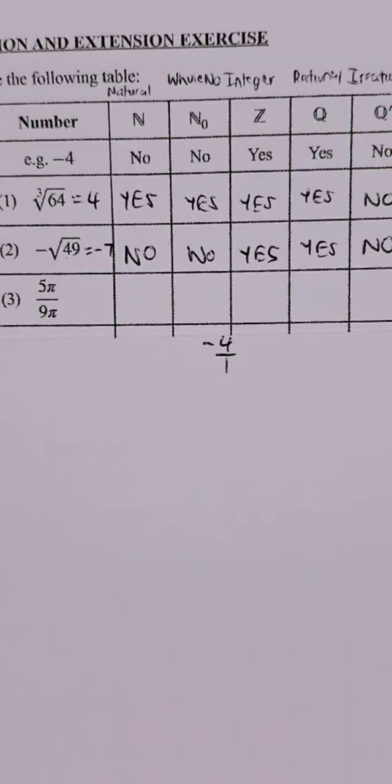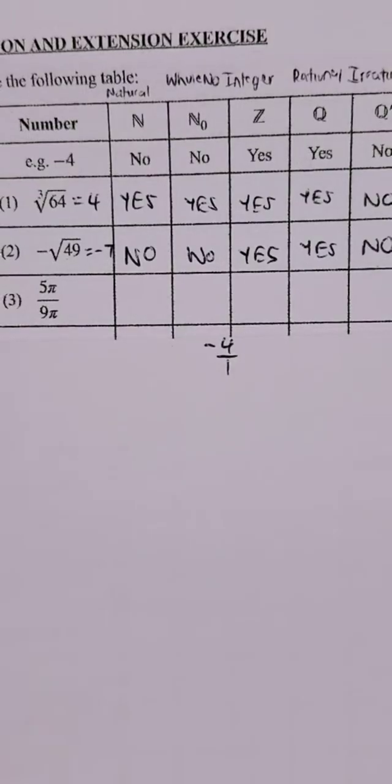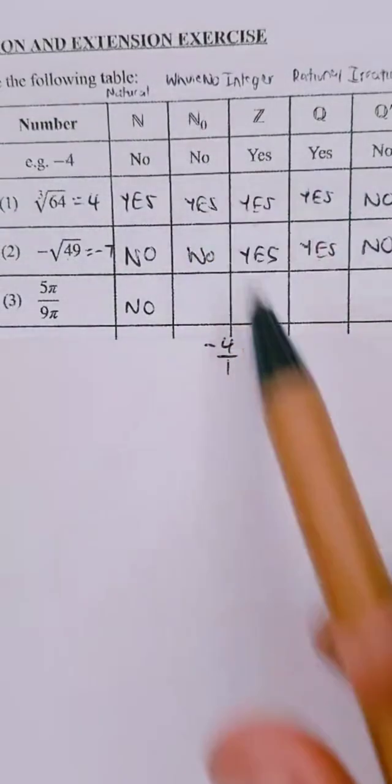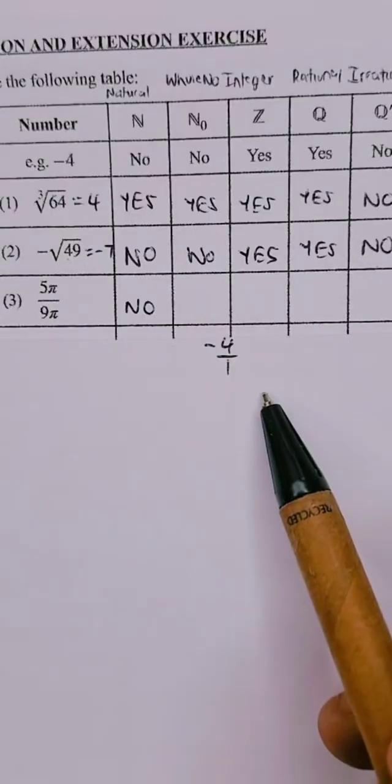What is it, a natural number? So the people in the comment section are saying no. Yes, it definitely is no. 5 pi over 9 pi, is it a whole number though?